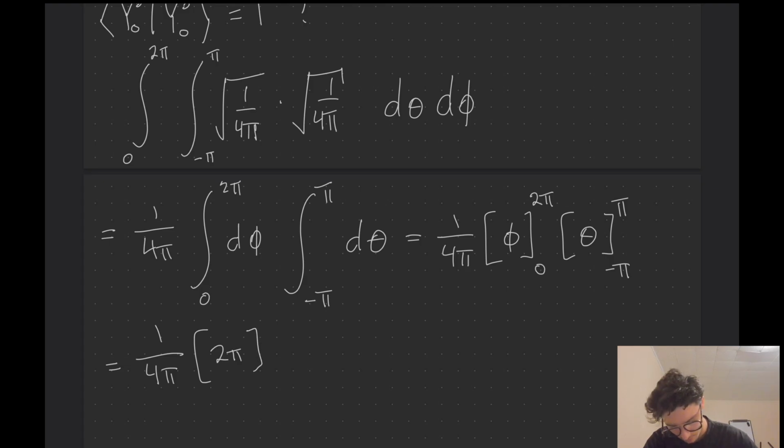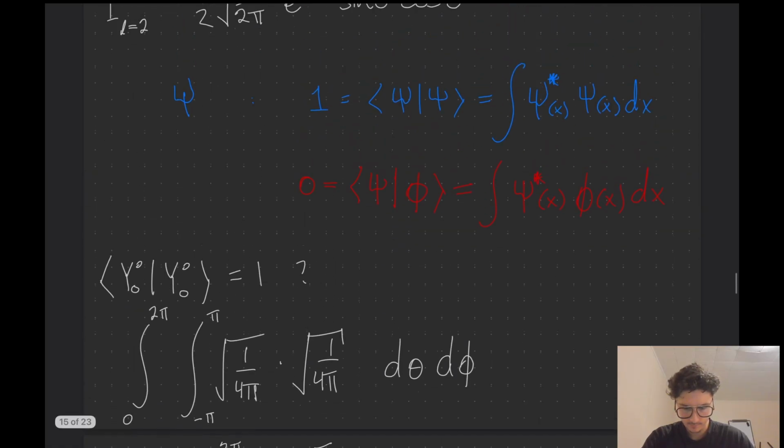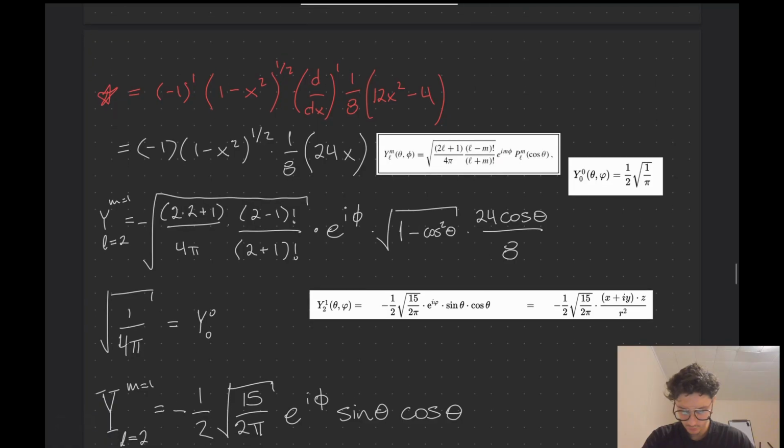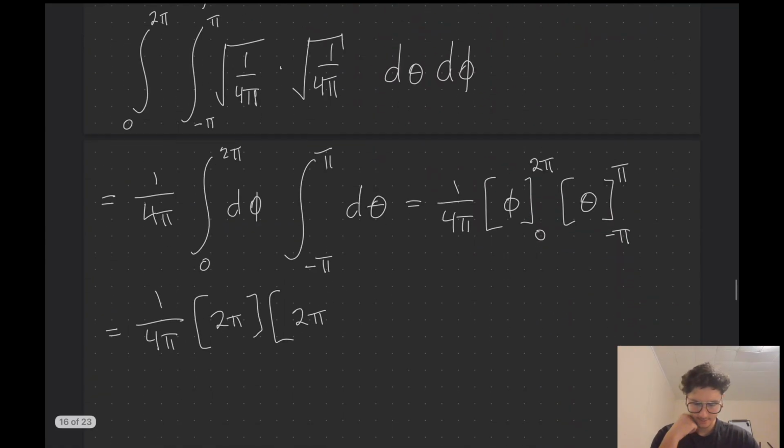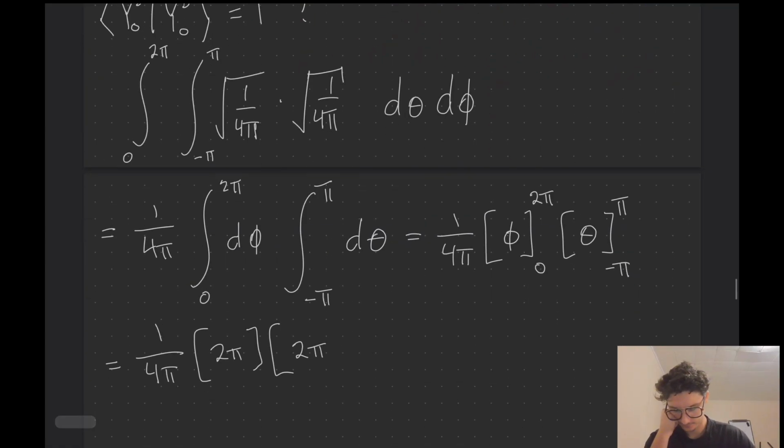This is looking good. Oh, maybe it's not. And then pi minus negative pi is 2 pi again. I don't think this works, does it? We just get pi. And we're supposed to get 1. Pi minus negative pi is 2 pi.